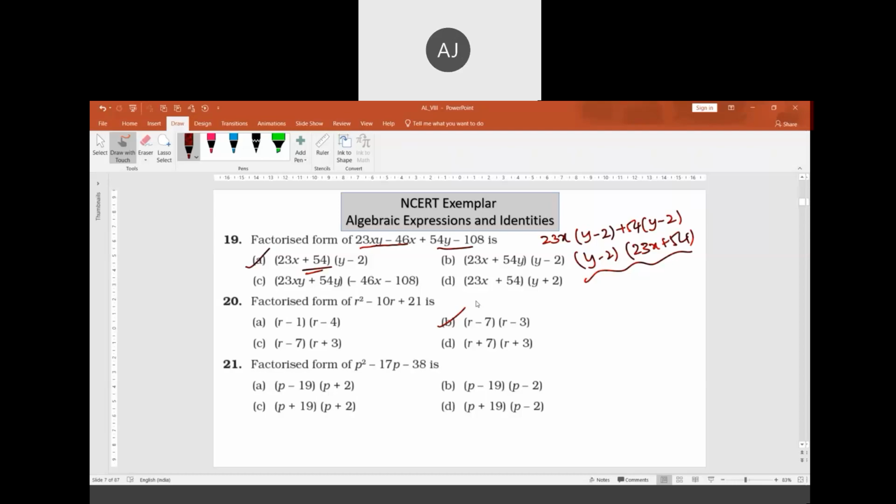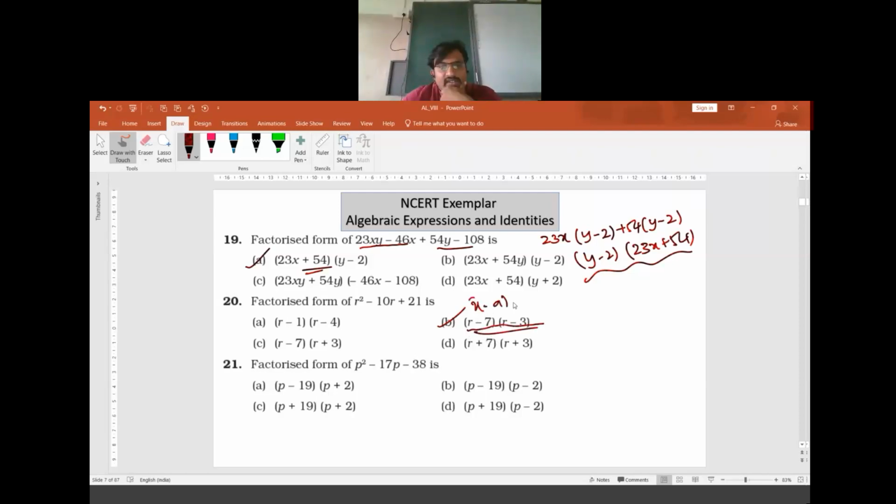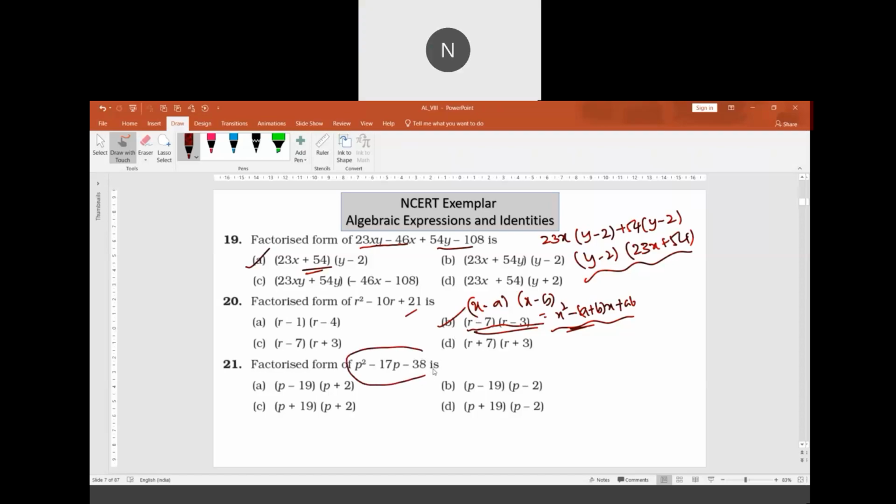The identity x minus a into x minus b is x square minus (a plus b) times x plus ab. If you are thinking in this format, you will get it. Can you tell the answer of this?